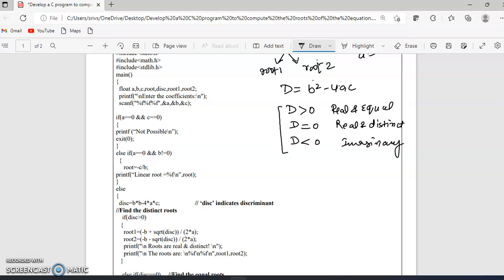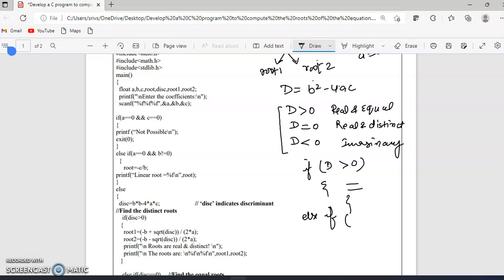So first we will be calculating the discriminant, and then we will be checking the condition if D is greater than 0. This is the first condition. If it is greater than 0, we need to calculate the roots. Otherwise, the second condition will be else if D is equal to 0, then we have to calculate the root.